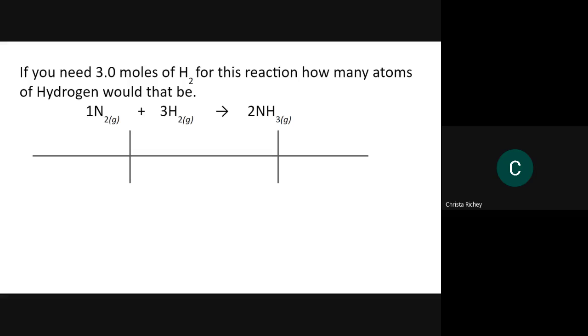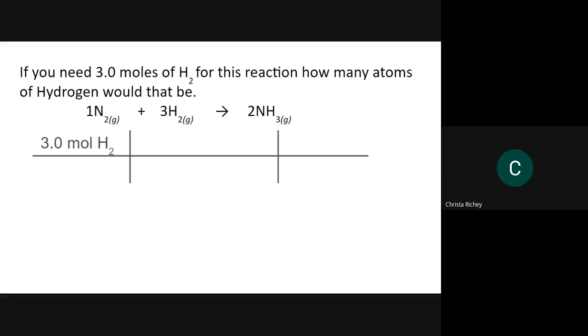And then once I'm in moles of the new substance, I'm going to use Avogadro's number. No, I'm going from moles to molecules to atoms in this problem.